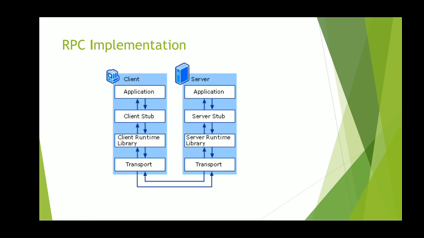When the RPC request arrives at the server stub, it will convert the RPC request and RPC parameters to the application readable format. Then the server application will execute this RPC subroutine and send back the result to the client.